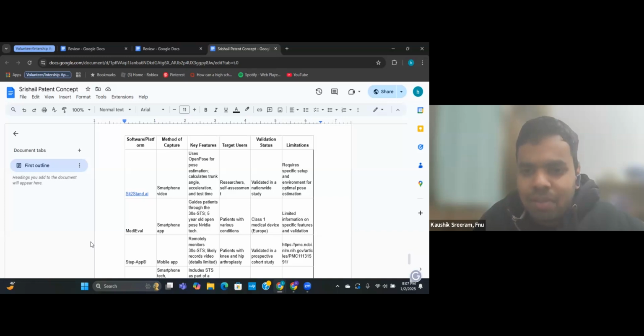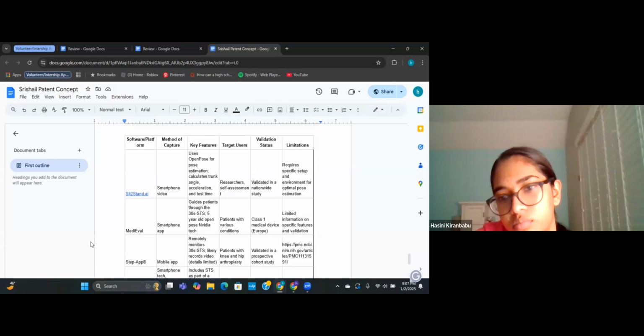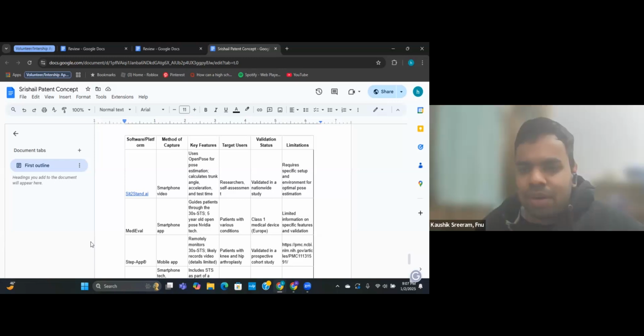But for the 6 minute walk test, you need to see whether the test is being done the same way or not. Is it the same for cardiovascular disease as well as myositis?